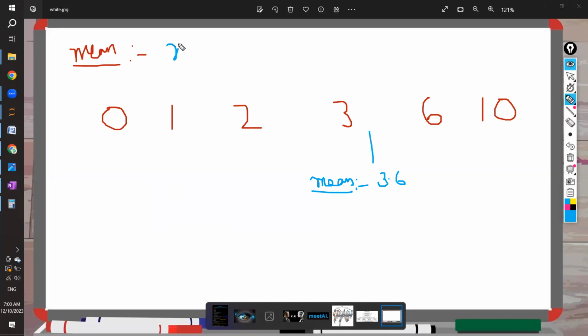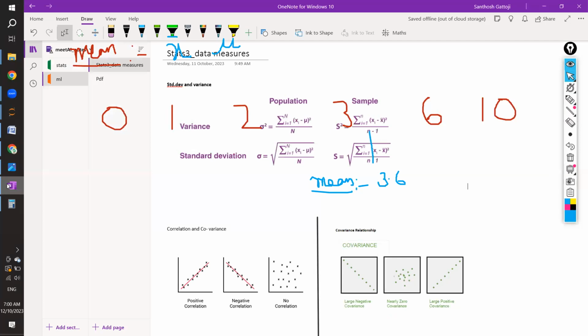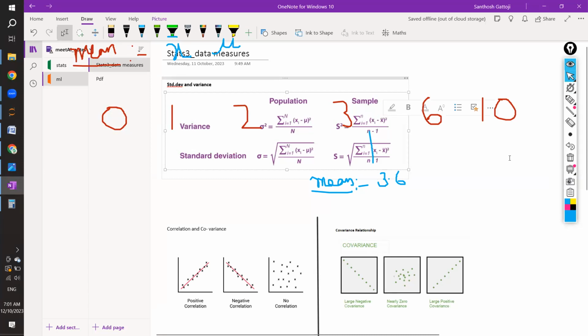You can say x bar is the mean, and mu is also the mean. Usually, if you are talking about a sample, they will say x bar.